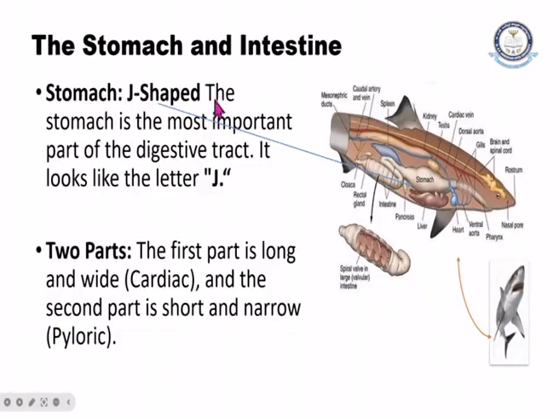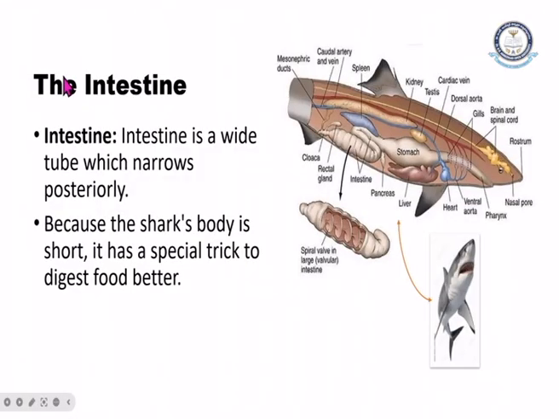The stomach is the most important part of the digestive tract, and it looks like a J in structure. It has two parts. The first part is long and wide, the cardiac stomach, and the second part is short and narrow, called the pyloric stomach. Next, as a continuation of the stomach, it will lead into the intestine.